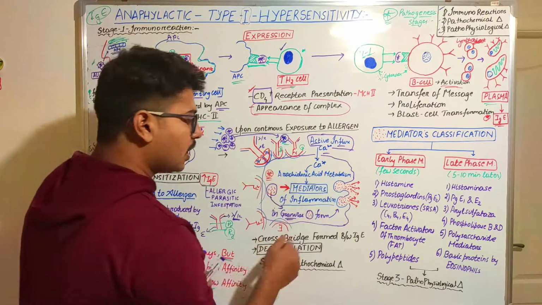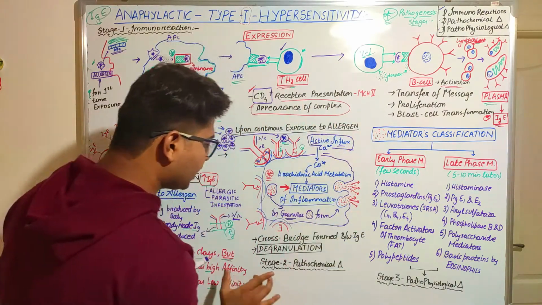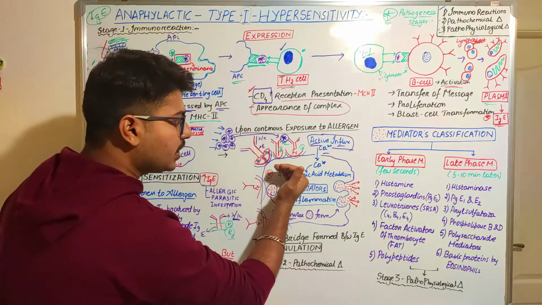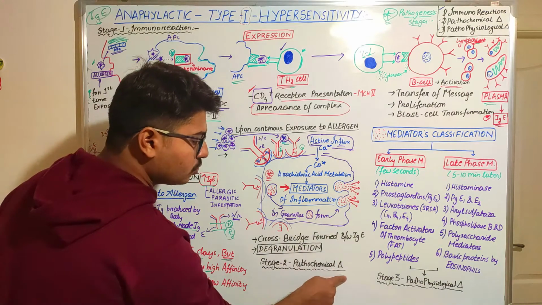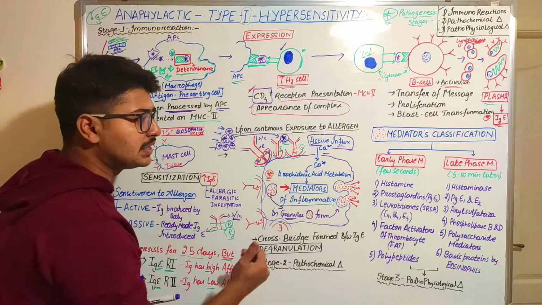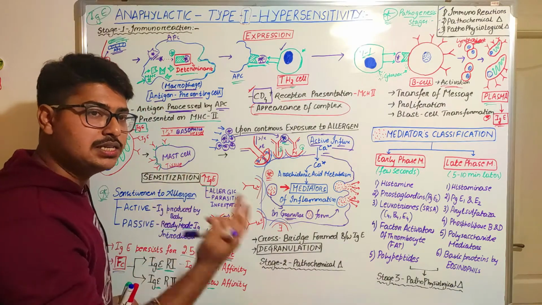Okay, so next, these mediators are released, and when there is continuous exposure, this is stage 2 of the pathochemical changes. As the chemicals are secreted, it is known as pathochemical changes.